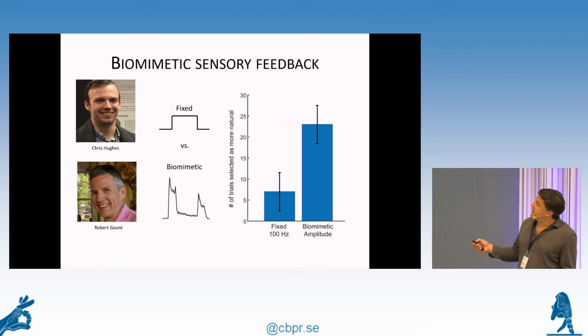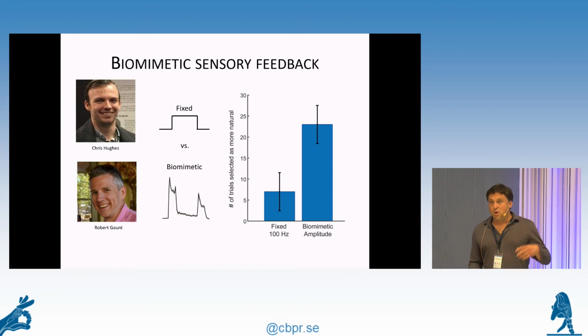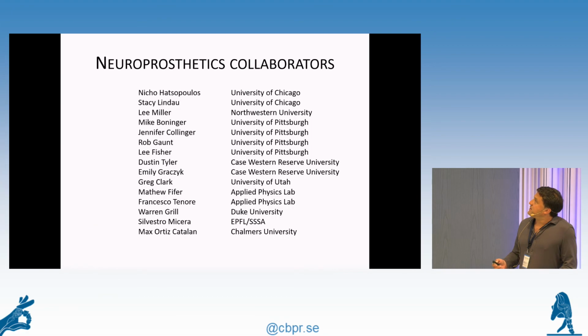And you can see that in an overwhelming majority of cases, the subject thought that the biomimetic stimulation was more natural than the fixed stimulation. Of course, the really important test will be to see whether it confers greater dexterity to the bionic hand, and that is soon to come.